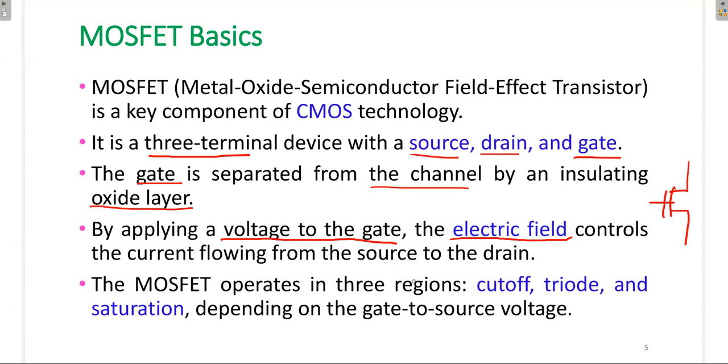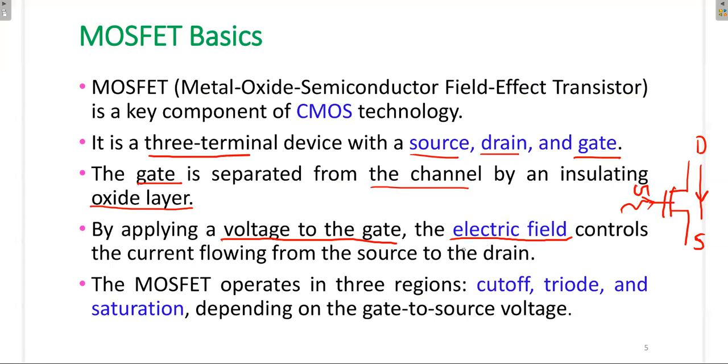Say this is a MOSFET transistor, this is source, gate, drain. By applying proper voltage to the gate terminal, we can control the current flow between the drain and source. As the voltage contributes to the electric field, finally the electric field controls the current flow between the drain and source.